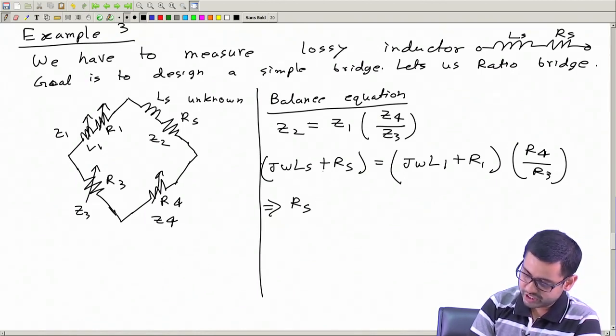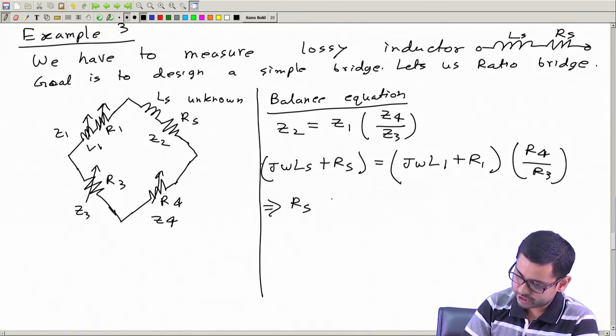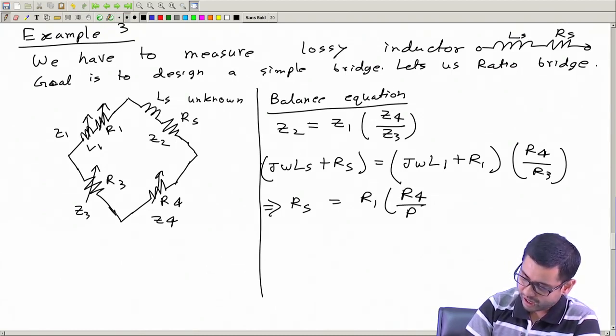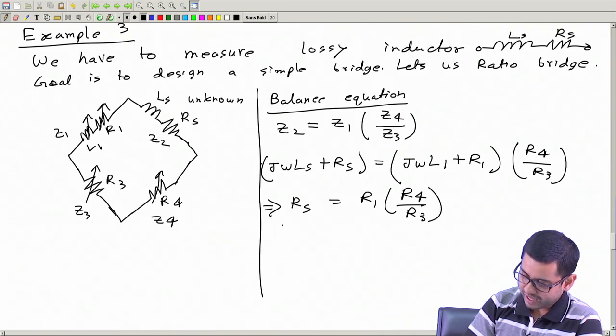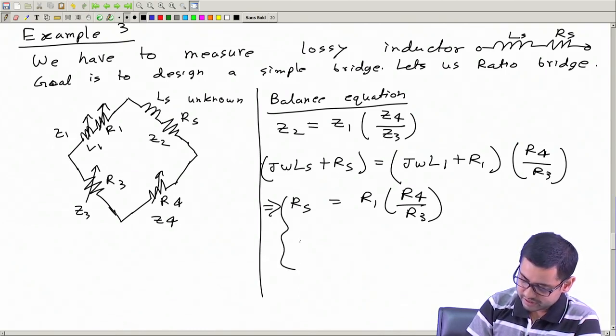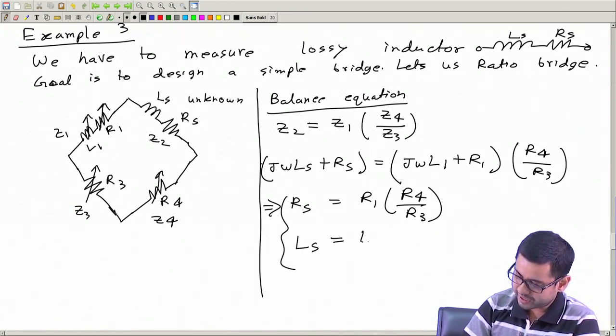So the real part of the right hand side will be R1 multiplied by R4 by R3. And similarly, the imaginary part will be j omega L1 multiplied by R4 by R3. So j omega cancels from both sides. So I write Ls same as L1 times R4 by R3.